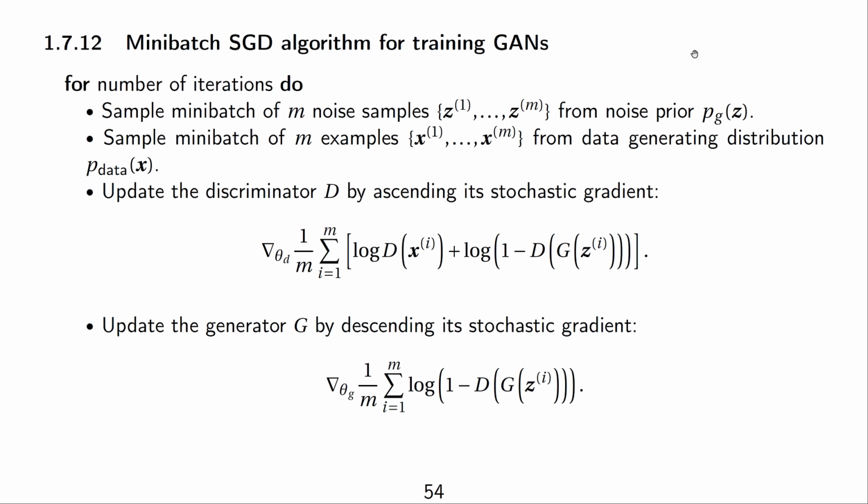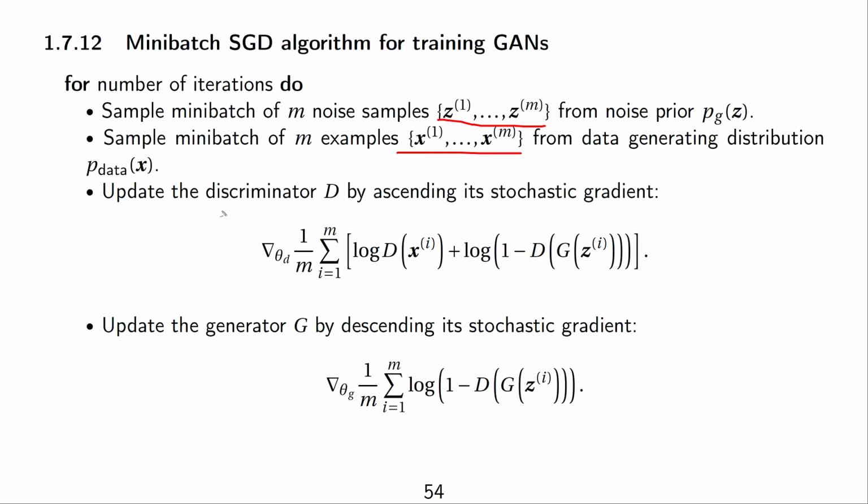So in this algorithm, we just have a number of iterations. We sample a mini batch of m noise samples. So these are m noise vectors from the noise prior. And then we sample a mini batch of real examples from the data. So these are the noise vectors z, and these are the real images x1 to xn.